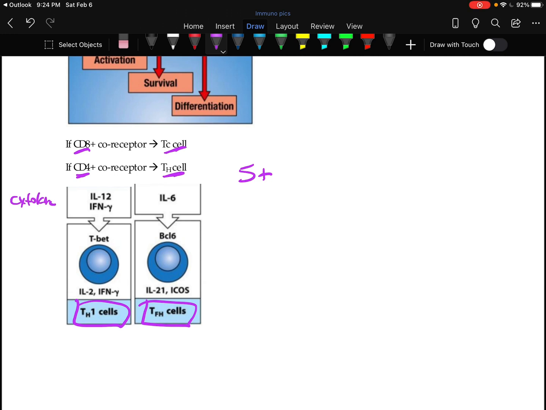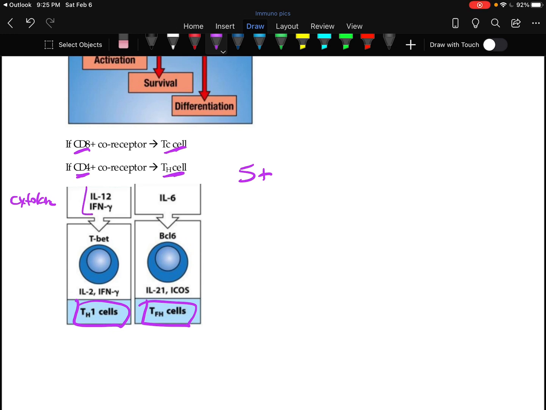And the cytokines are based off the environment that the reaction is occurring in, the specific pathogen that's being presented, and other circumstances like that, just so that the proper T cells are being formed for the proper type of scenario. So I just would like to be specific here for which cytokines make which one.